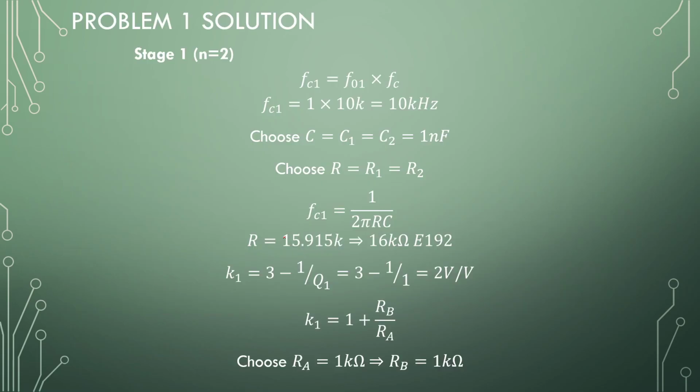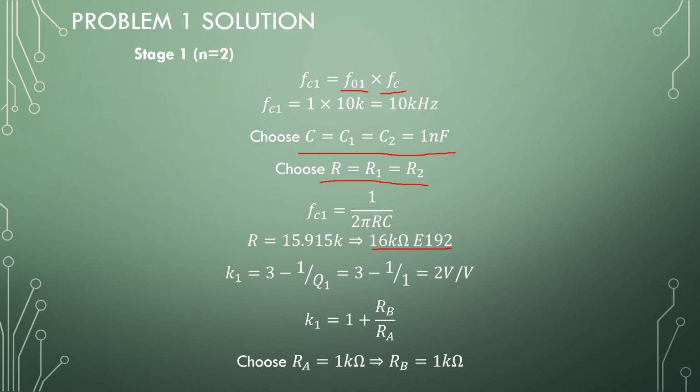For the KRC stage, N is 2, so the frequency that we're designing for is the table value multiplied by the cutoff frequency that we want. Let's choose all the capacitors with the same value at 1 nanofarad, and we must then calculate the resistors R1 and R2, equal components, let's call that R. Solving for R, we get 15.915 kilo ohms, and the closest value is 16 kilo ohms.